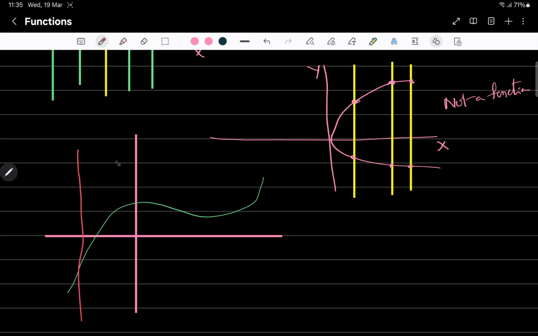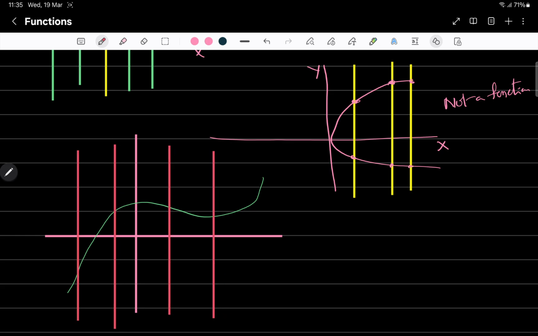Anywhere you can draw. Now see at how many places it is touching the graph. The vertical line touching the green curve only at one place. So this is a function. So using vertical line test, you can verify the given graph is a function or not.